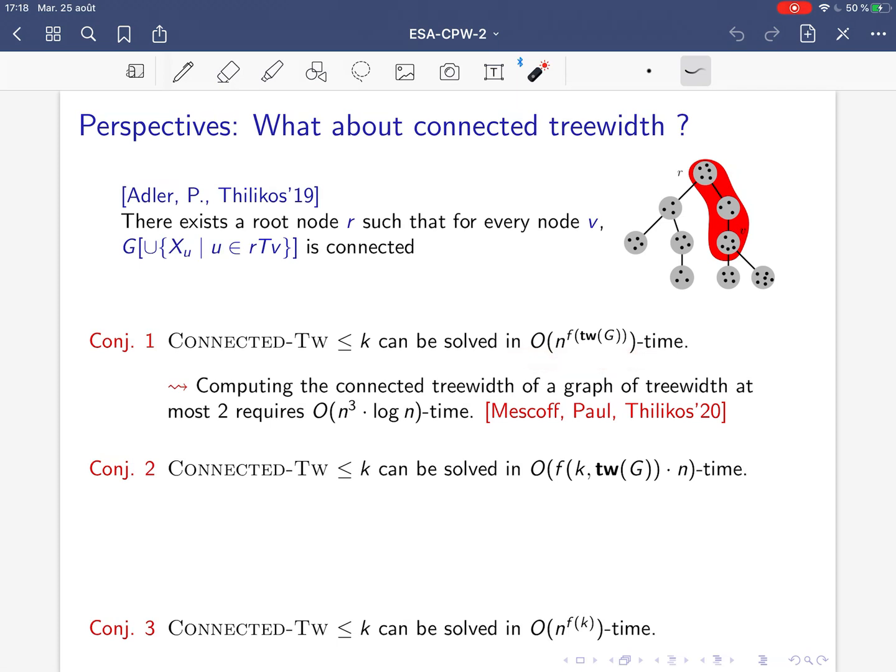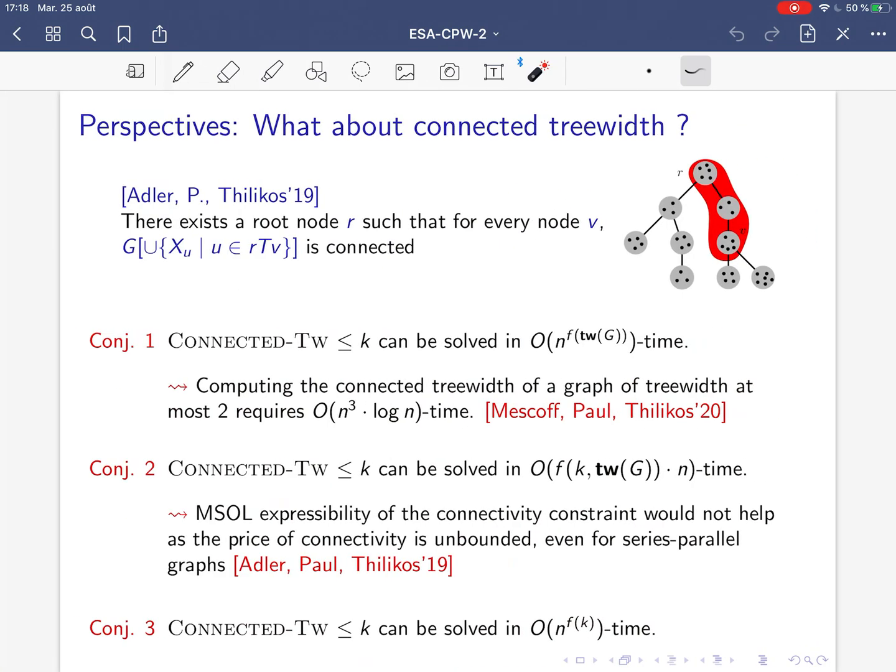Okay. What about the second conjecture? Is the computation of connected tree width FPT? The MSOL expressivity of the connectivity constraint will not help as the price of connectivity is unbounded. Even for series parallel graphs, for which tree width is at most 2, we know they can have unbounded connected path width, connected tree width.